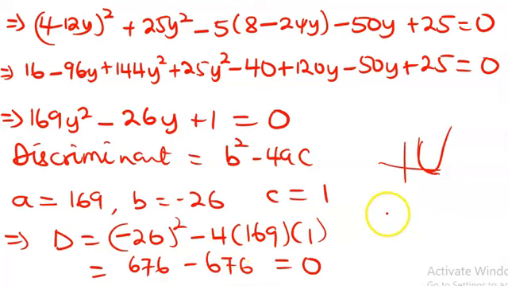This time it's y, so it will touch the y-axis at one point, either here or that. Which means that the line will touch the curve at one point. That makes it a tangent.